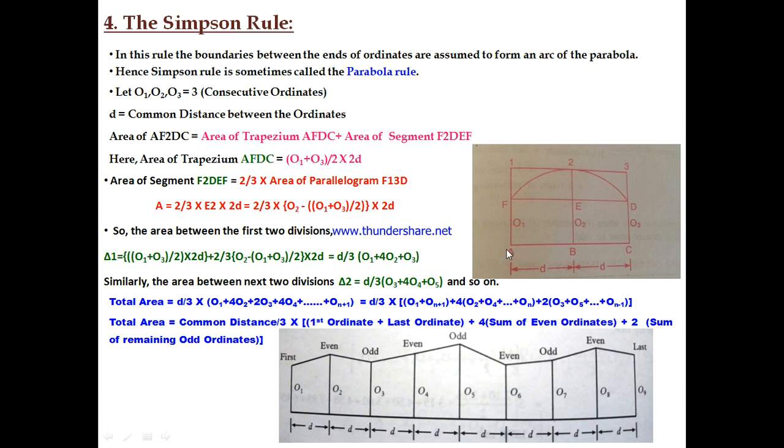Suppose this is an area, the total area, and we have divided it into a number of consecutive ordinates with the common distance D. Now consider the area AF2DC.